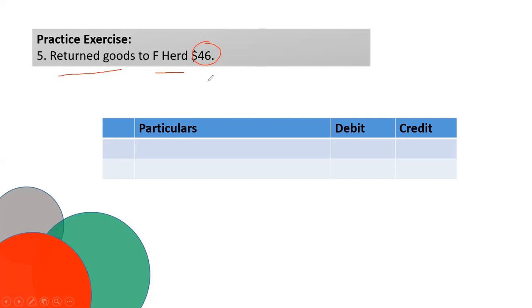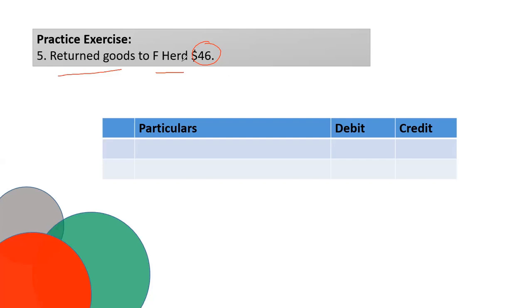Like some items were faulty, due to some reasons we need to return these goods to our credit supplier. So definitely when we return these items to our supplier, it will decrease our liability, because now we will not pay for this amount. So in this case, we will decrease our liability.